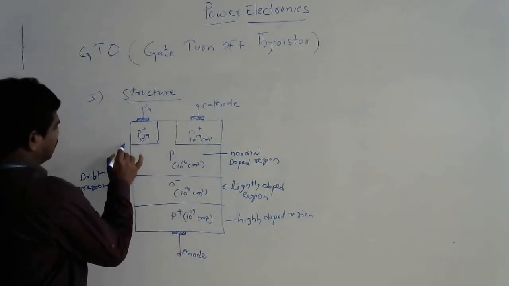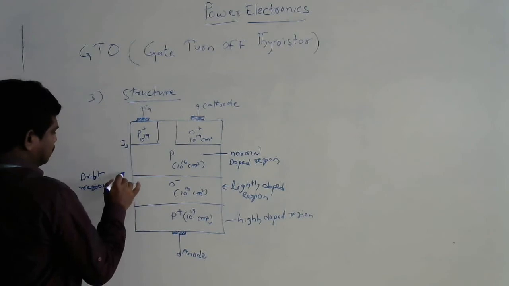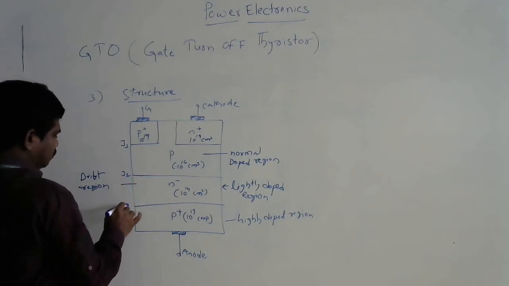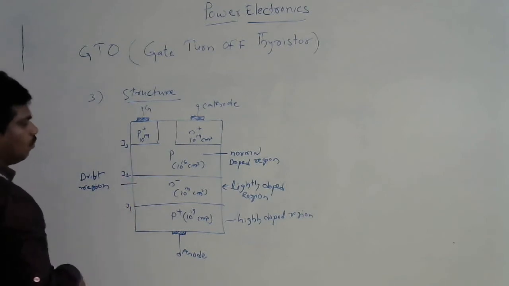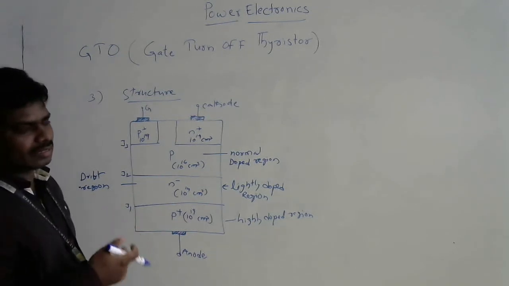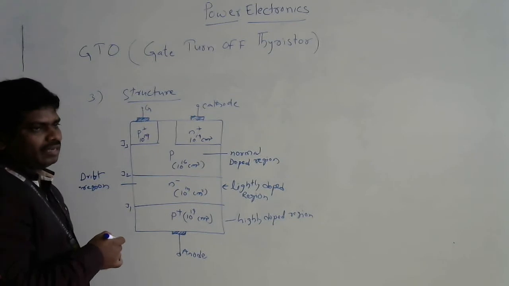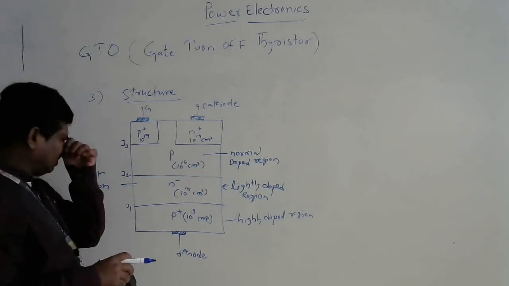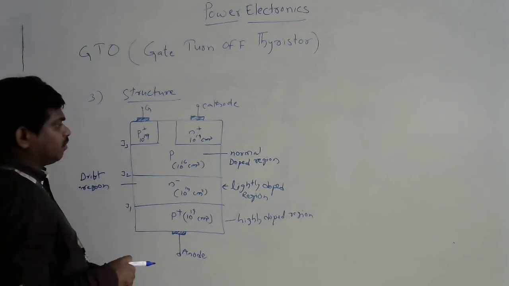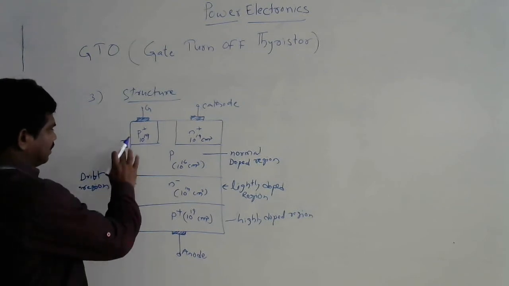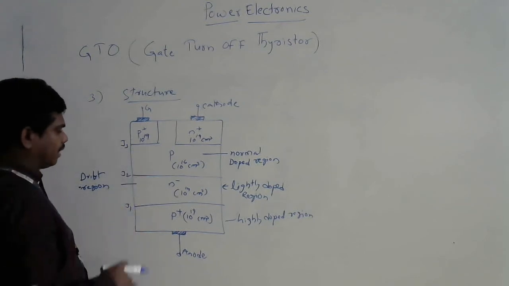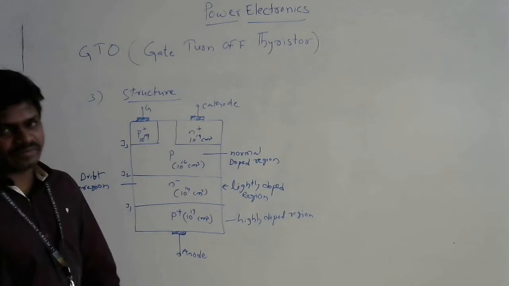This is my J3 junction, this is my J2 junction, this is my J1 junction. Whenever the battery voltage is connected across the device, normally we use forward biased voltage. In that case, J3 and J1 junctions are forward biased, whereas J2 is reverse biased.